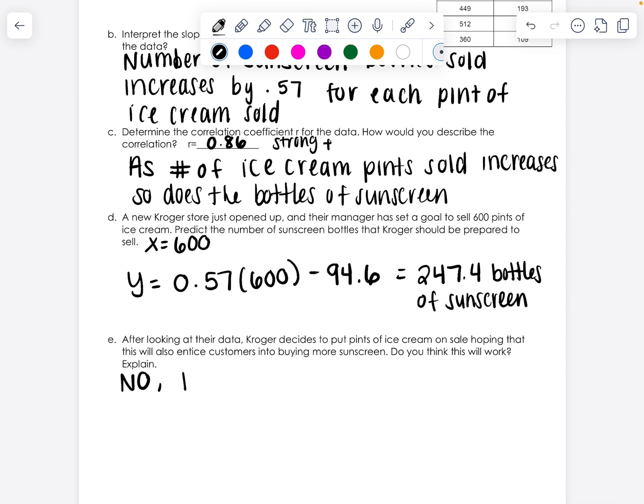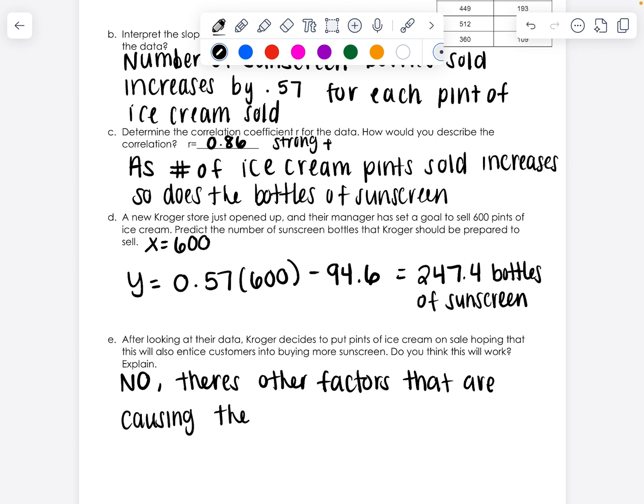There are other factors that are causing the correlation. And what I mean by this is there's something else that's probably impacting this. Think for a second, and maybe you already thought about it. What could be causing ice cream and sunscreen to be sold?